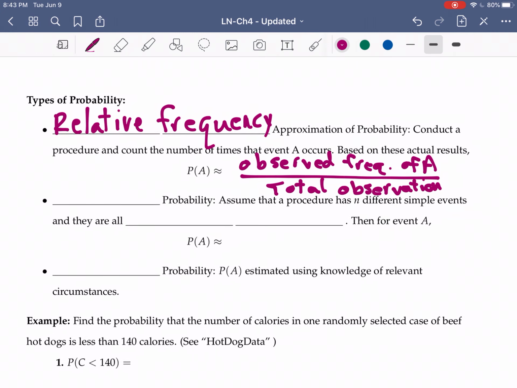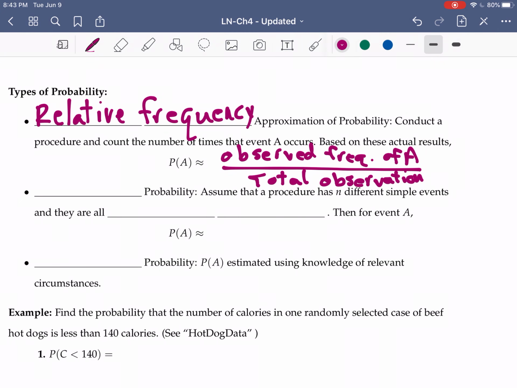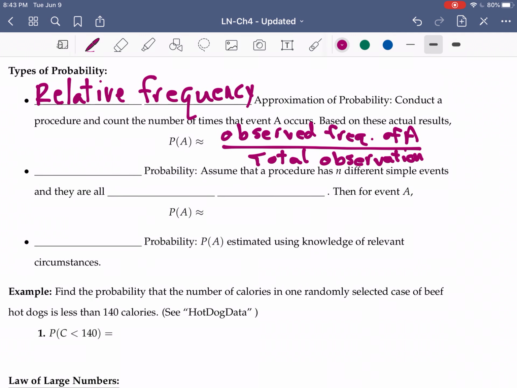So if I were to roll a die 100 times and I wanted to know the probability that I roll a 1, I roll the die 100 times, count the number of times I actually observed a 1, and I can approximate the probability that the die will come up a 1.